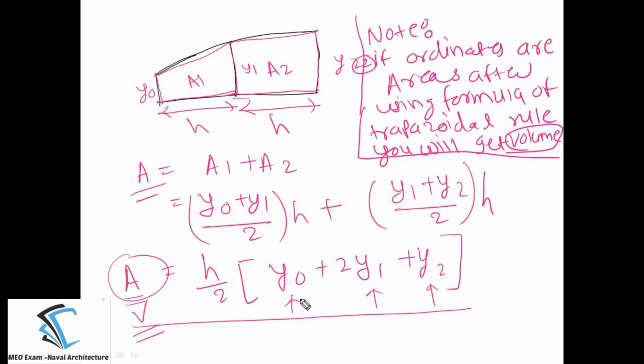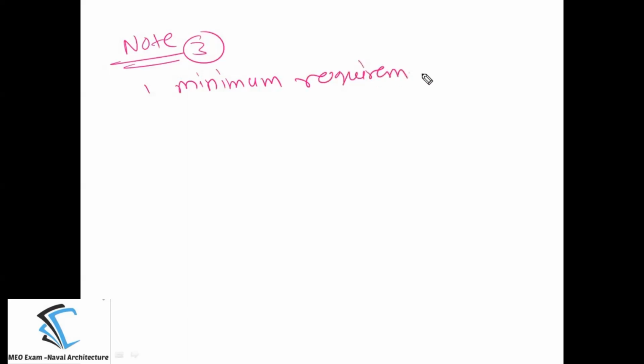One more thing you have to understand here is the minimum requirement of ordinates. So note number 3: the minimum requirement of ordinates is 3.